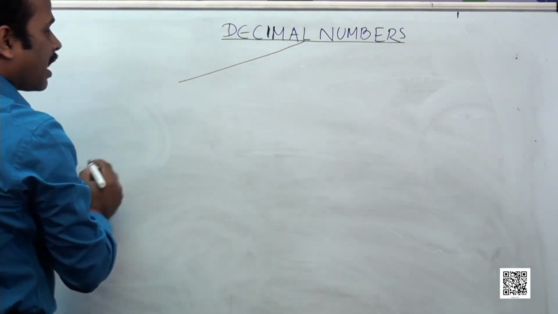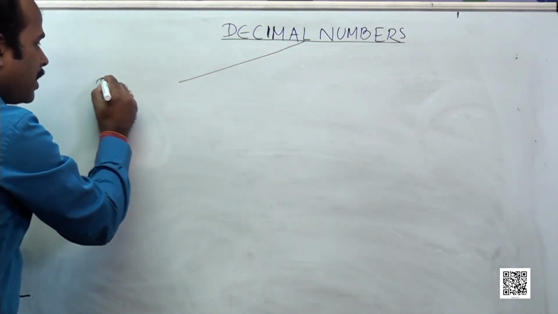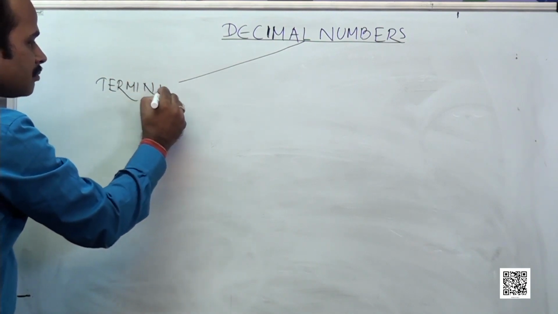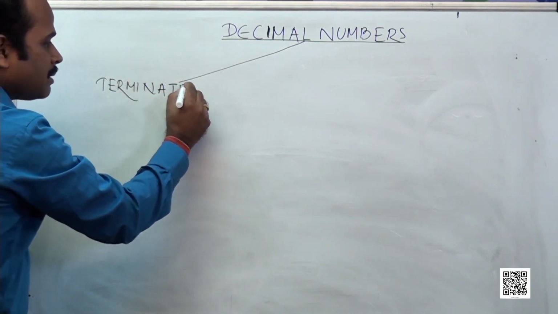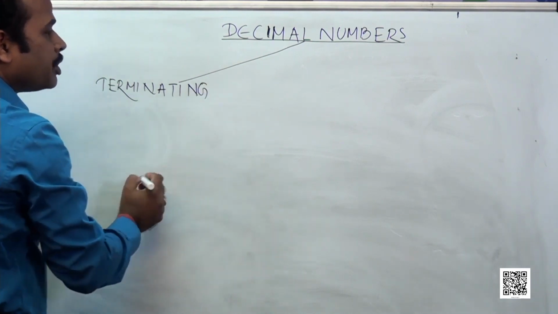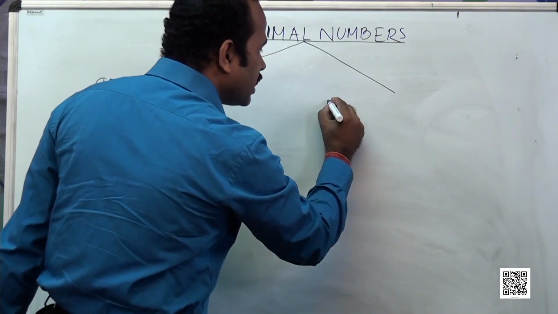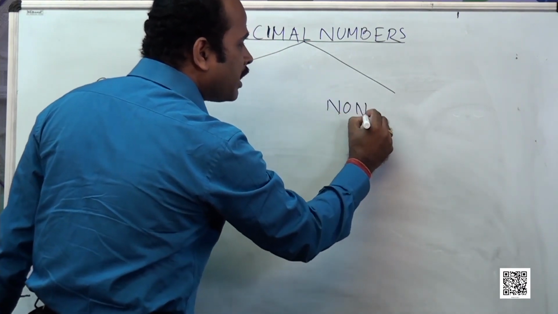The first part is terminating decimals, the decimal numbers which terminate after some places of the decimal part. The other part is non-terminating.